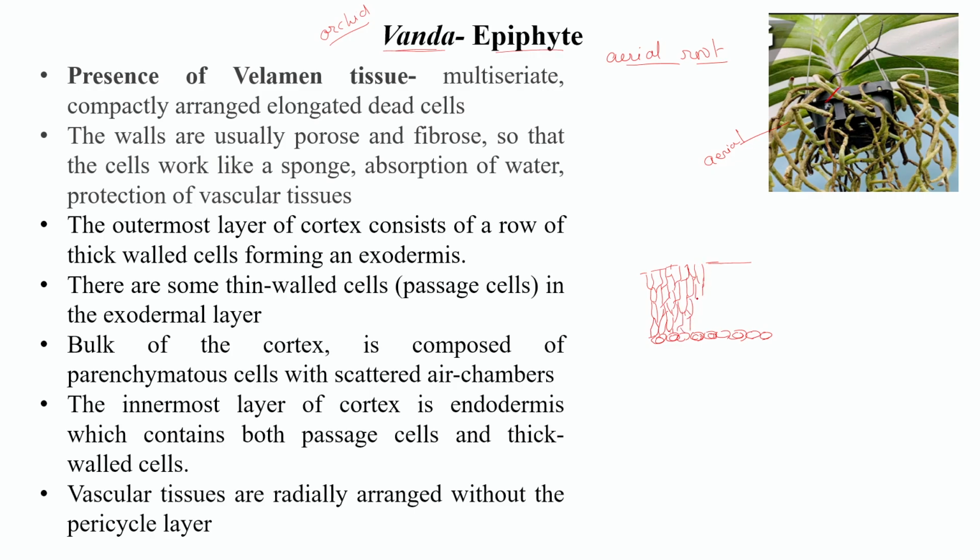So you can see a lot of elongated cells, multi-layered or multi-seriate cells, which are known as velamen tissue.